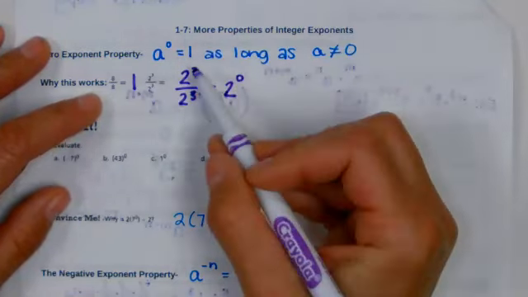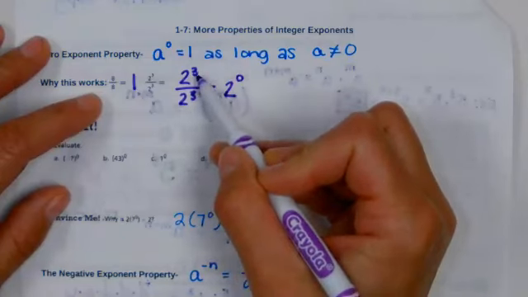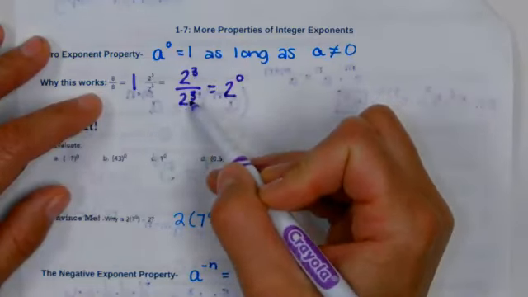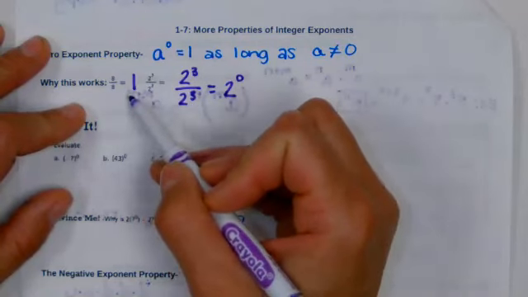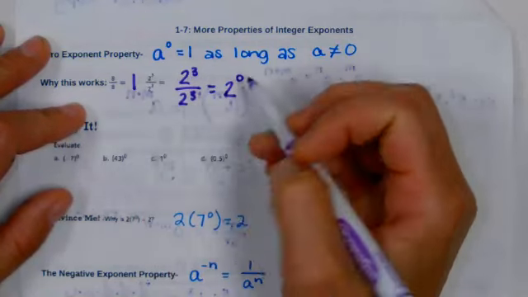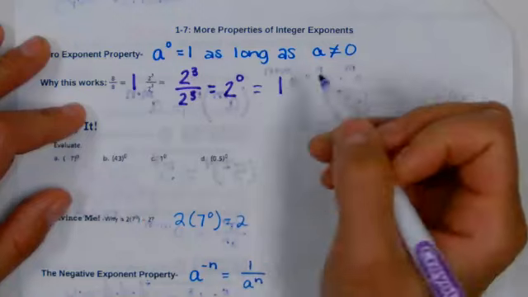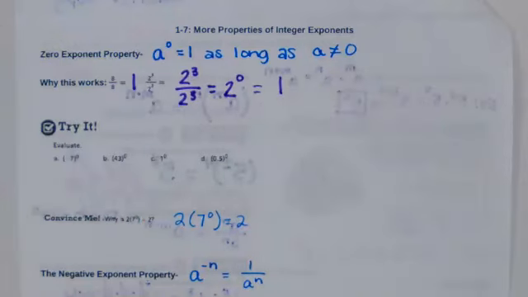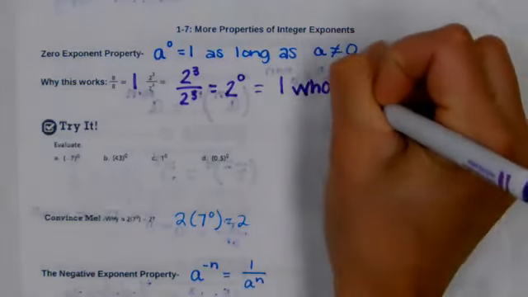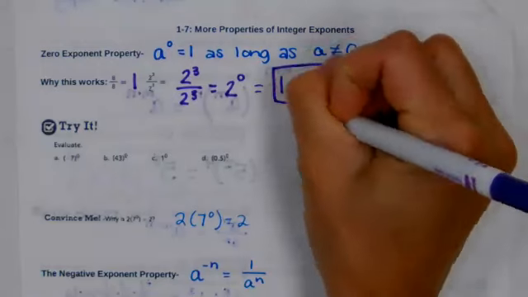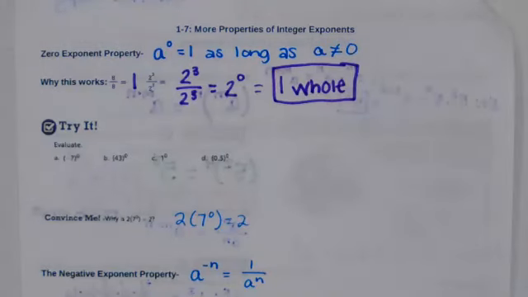But really that has the same numerator and the same denominator, so just like 8 over 8 being 1, it is also still 1. We don't really use 0 as an exponent. We simplify that to be just one whole. So anything to the 0 power is one whole.